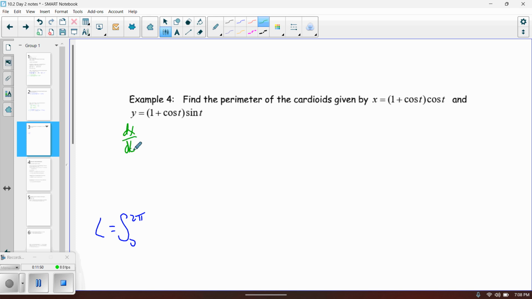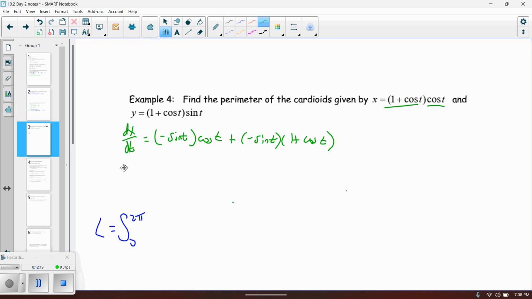dx over dt. Let's see. This is going to be my first piece, or my f piece there. The derivative of that is going to be negative sine t times the second piece, which is cosine t, plus the derivative of cosine t, which is negative sine t, times that first piece, which is 1 plus cosine t.